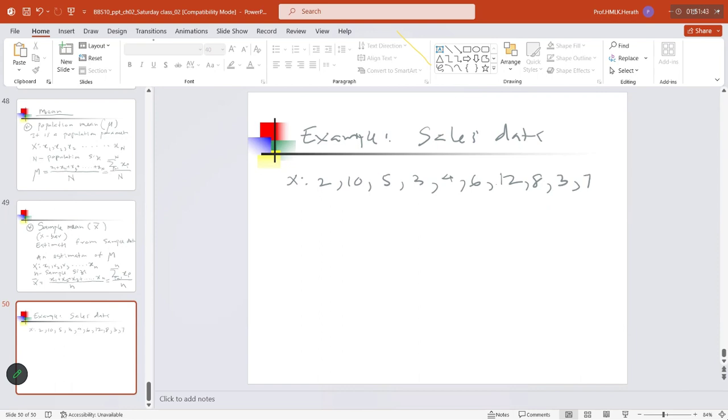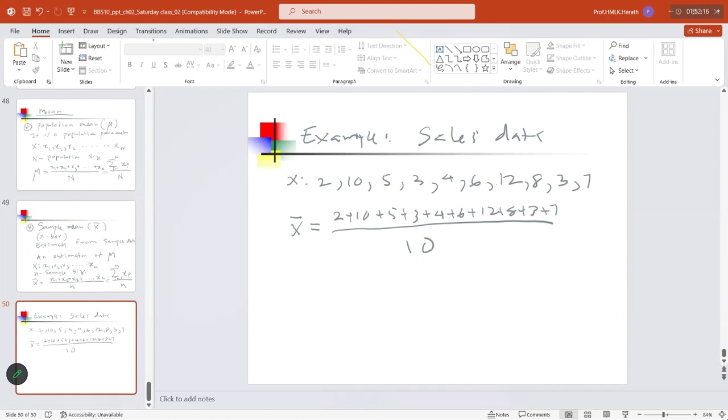So now we have 10 data points. And now we want to estimate the sample mean. x bar equals, we add all these together: 2 plus 10 plus 5 plus 3 plus 4 plus 6 plus 12 plus 8 plus 3 plus 7, divided by 10.